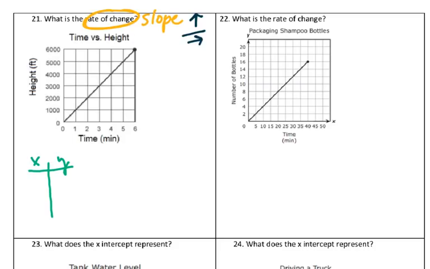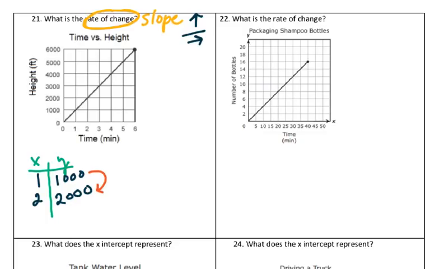So if we're doing this in the table, what I want is 2 perfect points. So I'll choose this one right here. That's the point x is 1, y is 1,000. Here's another point. The x value is a 2, and the y value is a 2,000. So I just pulled 2 points off of my graph. So we said slope is the change in y.